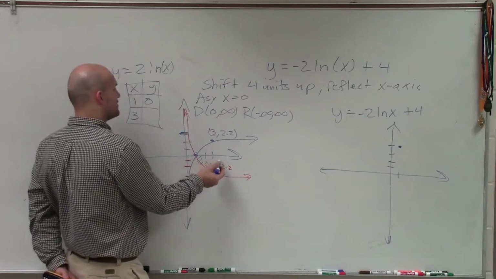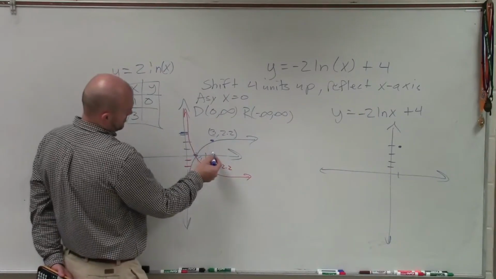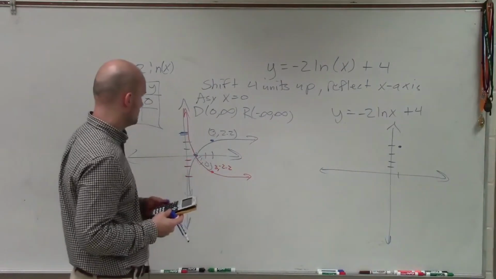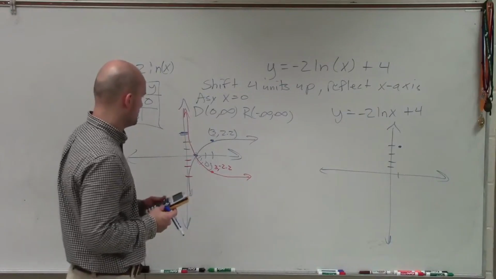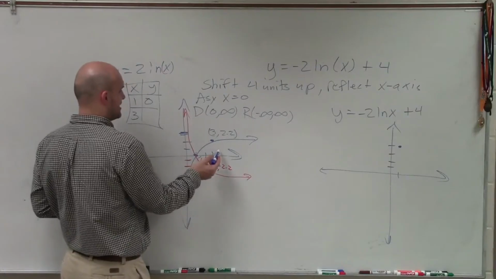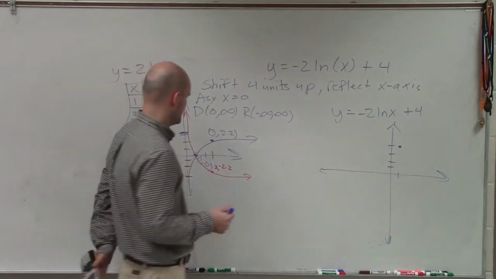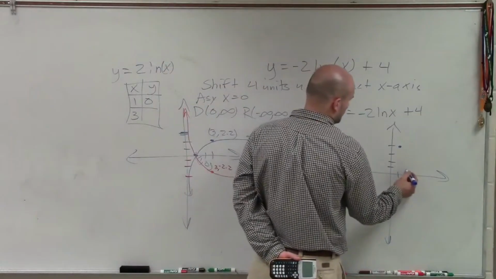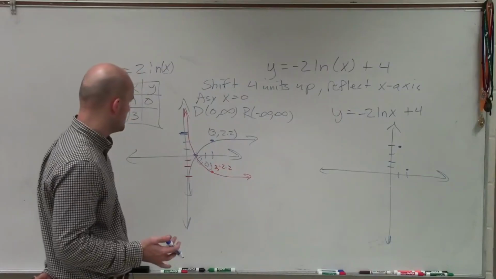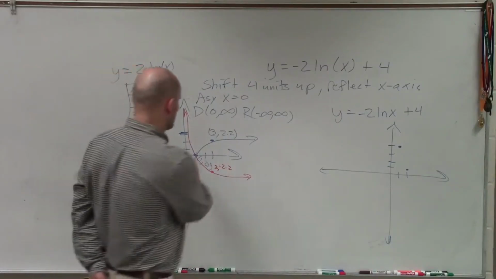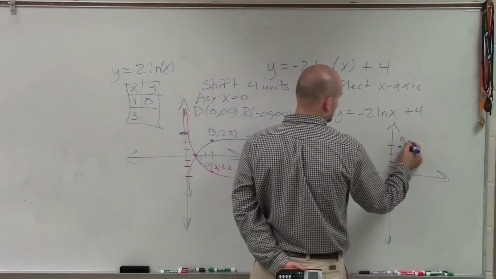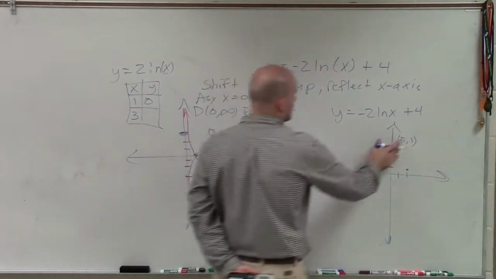Go up another one, and you're now at 0.8, and then at 1.8. So now it'd be at over 1, up 1.8. So let's go ahead and, so this point is now going to be at 5, comma 1. No, I'm sorry, 1, comma 5.